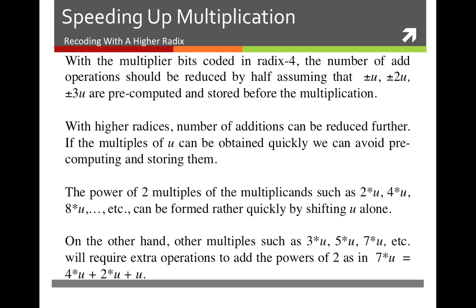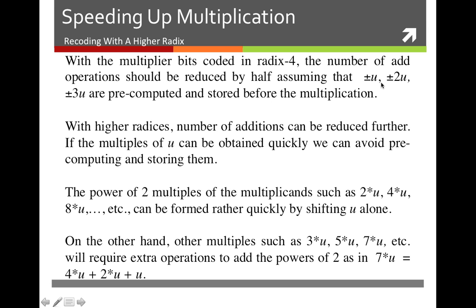What we can say at this point is that we want to have, in radix 4, for example, plus minus u, plus minus 2u, plus minus 3u terms. And only these terms. We want to have those, but nothing else. With the multiplicand available to us, we could pre-compute these before the multiplication begins.